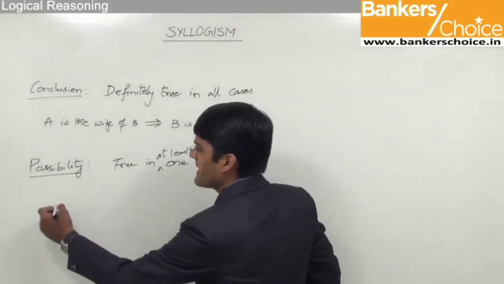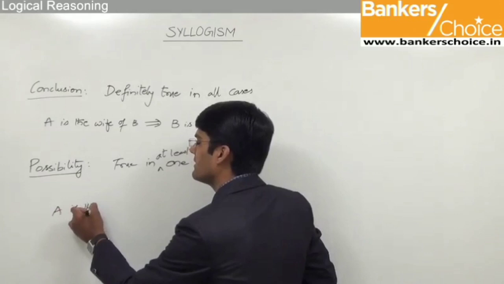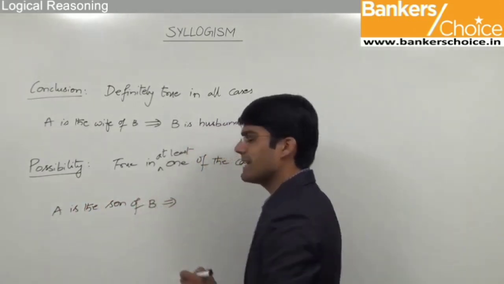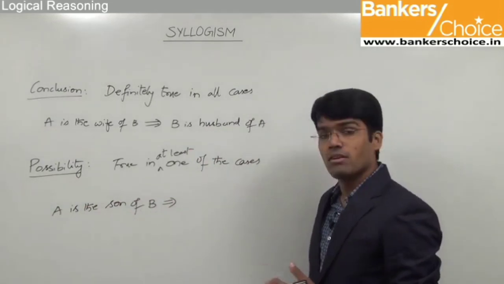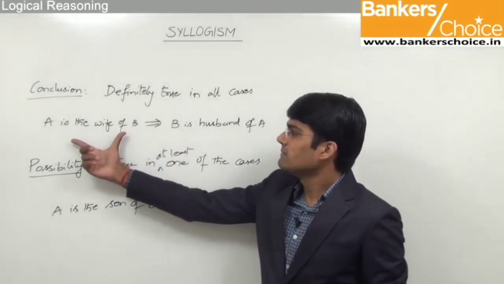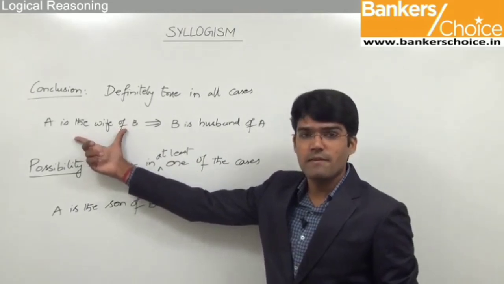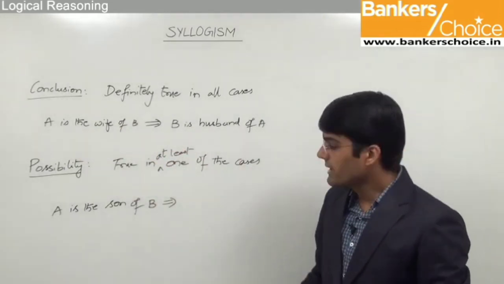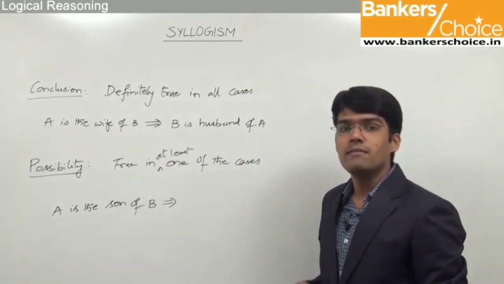Let us now take an example for possibility. Let us assume the statement is "A is the son of B." Now for this given statement, we cannot have any definite conclusion. Like in the previous case, when the statement was "A is the wife of B," there was a definite conclusion, that is, B is the husband of A. But in this case, we do not have anything which is definite.